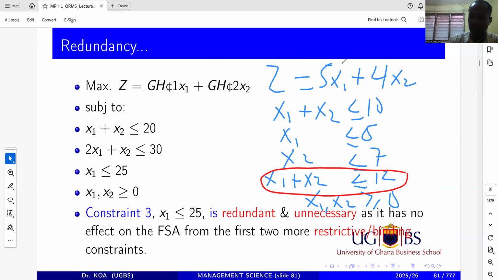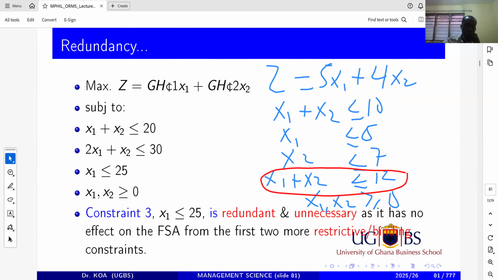Because you are telling me that if x2 is 0, x1 is 12. If x1 is 0, x2 is 12. Meanwhile, you have already had a similar one here, x1 is 10, x2 is 10. So this 10 one doesn't make this 12 useful.